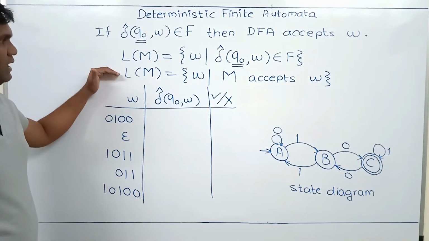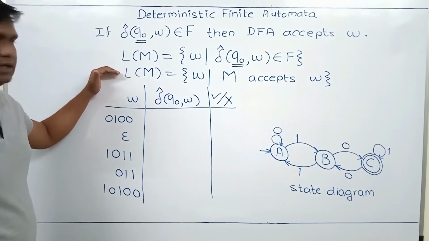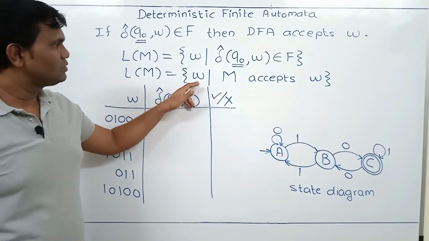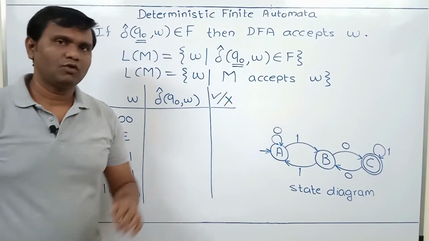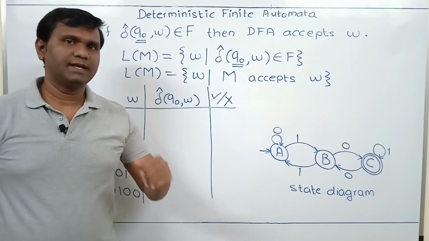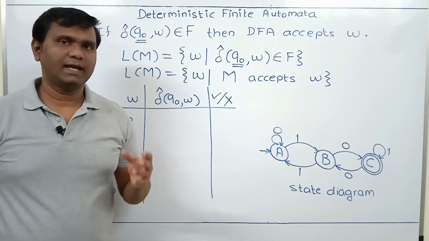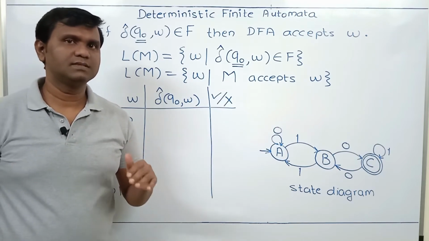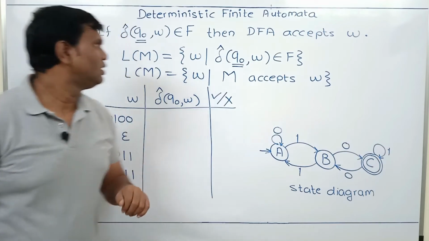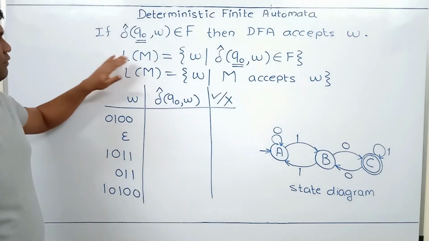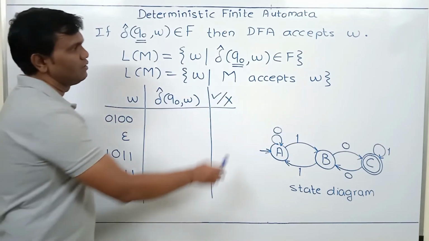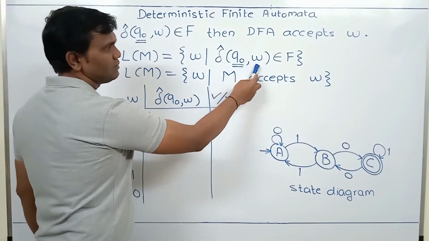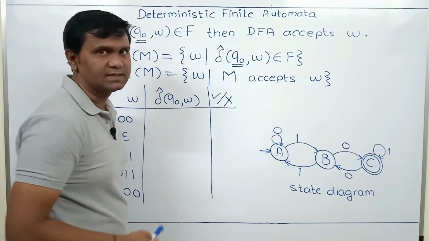And language of a DFA is defined as the set of w such that M accepts w. For a DFA, the set of all the strings accepted by the DFA is language of the DFA. Or you can say that L(M) is equal to the set of w such that from q0, if you process w, you reach a final state.